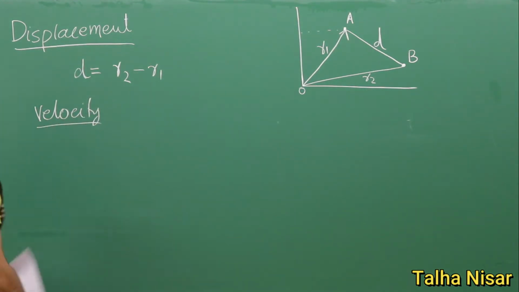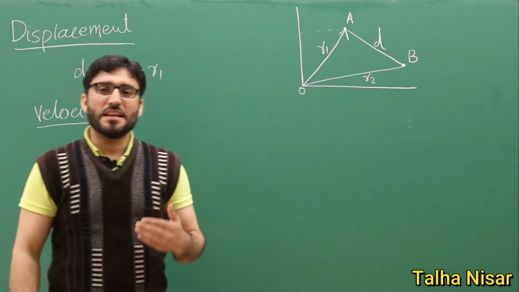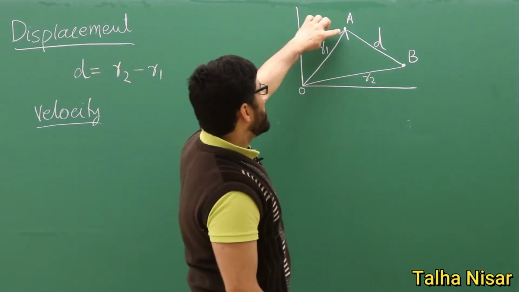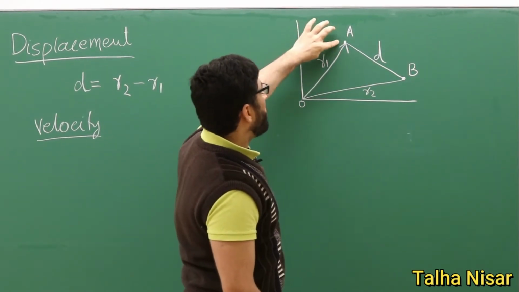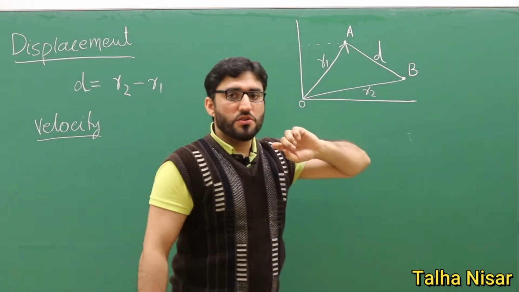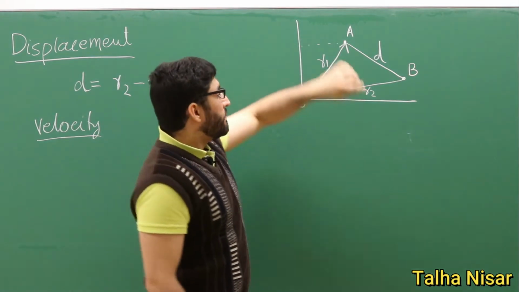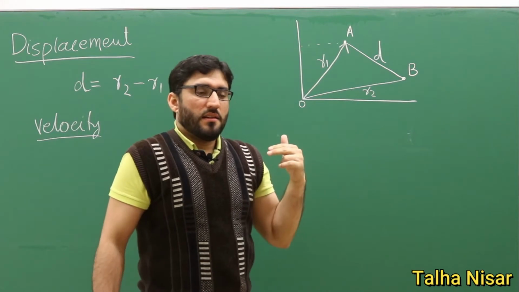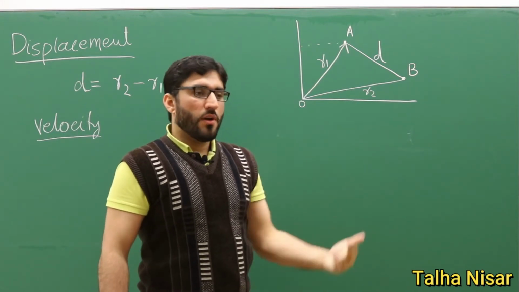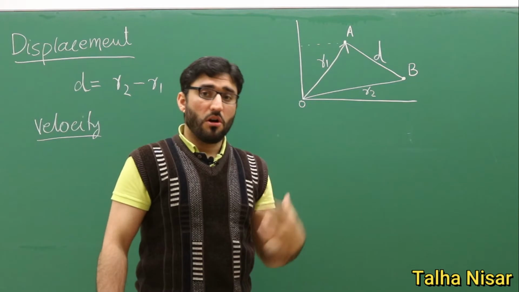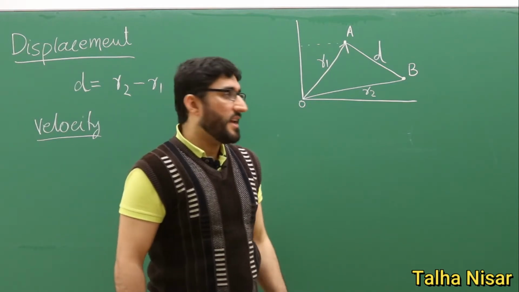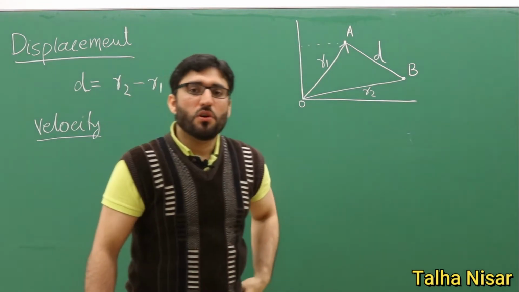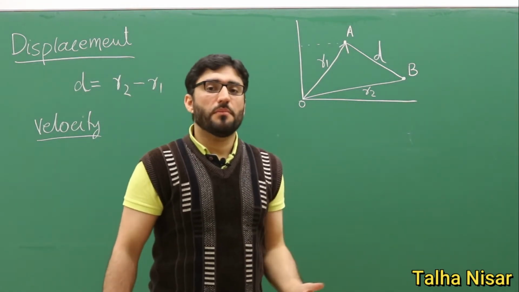Velocity is the rate of change of displacement. Which means that, for example, this person moved from point A to point B, it covers some distance, and if we also have the information about the time, that how long this person takes to reach from point A to point B, then in this case it can be described by the velocity.